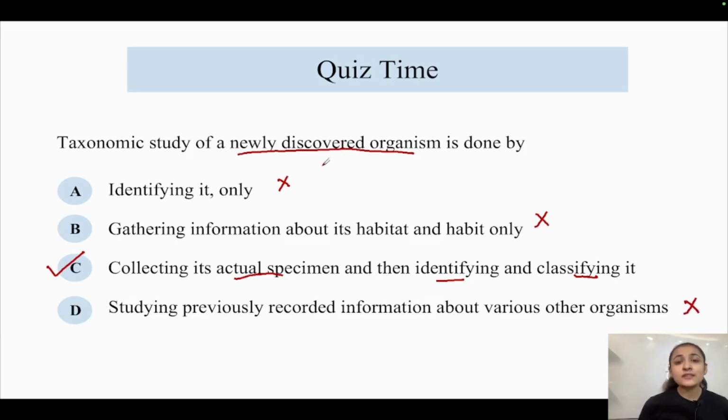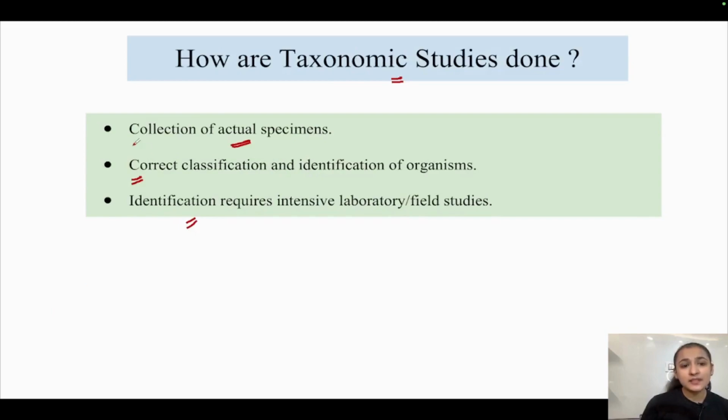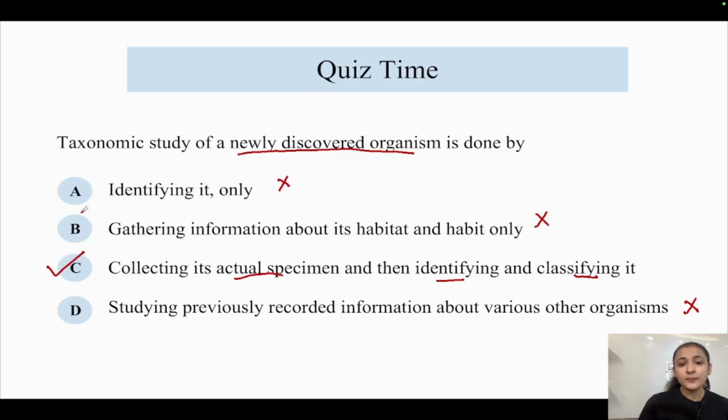So what are the steps of taxonomic studies? The first step is collecting the actual specimen. Then comes correct identification and classification. The basis of any taxonomic study is first collecting the actual specimen, whether it is an unknown organism or an already known organism which we have not identified yet.